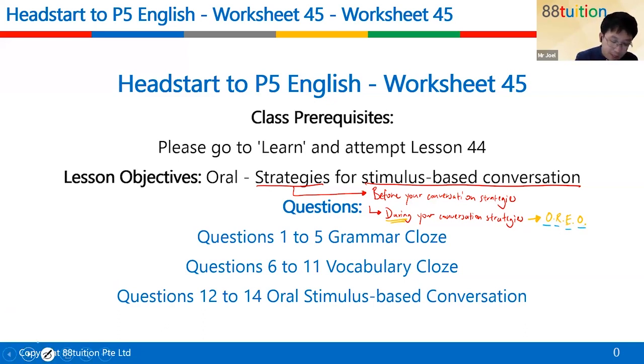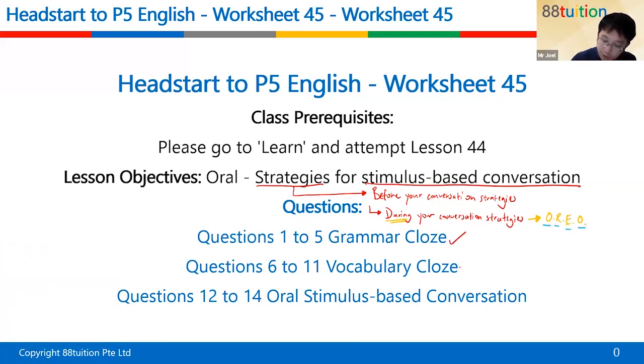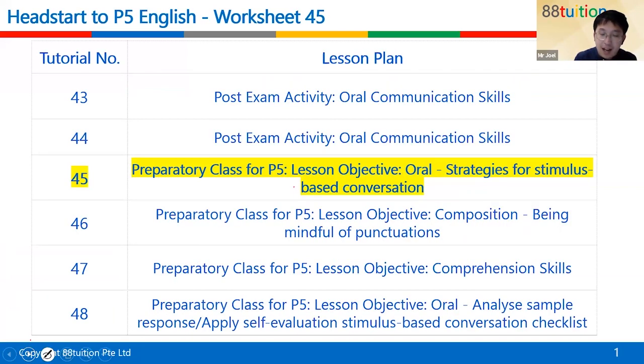Okay, but in the meantime, we will be looking at some grammar cloze as well as vocabulary cloze as well. And hopefully you can explain to me why the correct answer is that. I will call upon people randomly to explain the answer, and if you can, you basically get bonus points on Class Dojo.